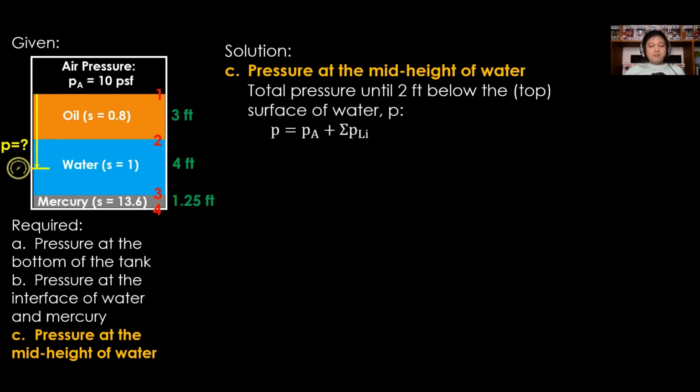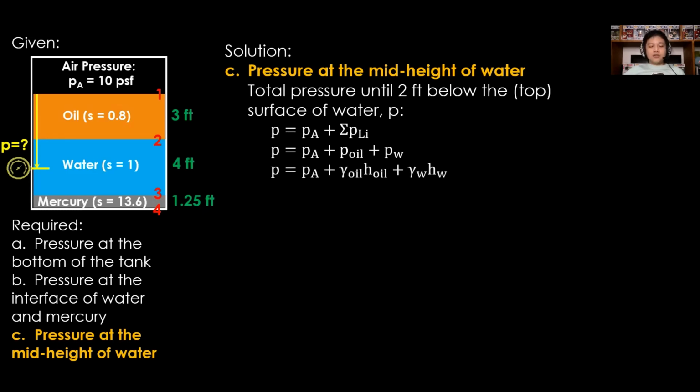So for P now, P is equal to PA, the air pressure, plus the sum of the pressure of the involved fluids. So for the involved fluids, we have oil and water. But take note that for the water, this is up until its mid-height only.